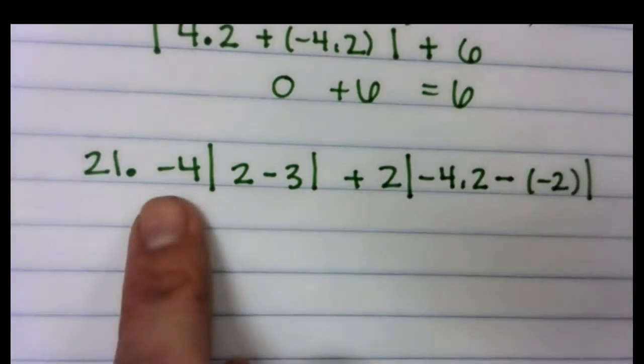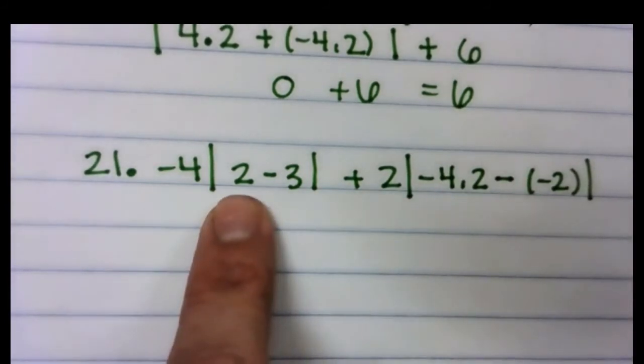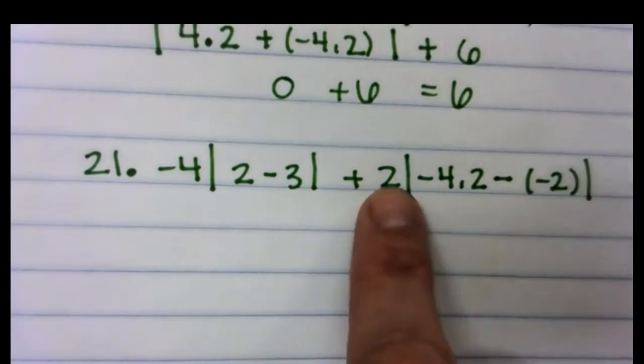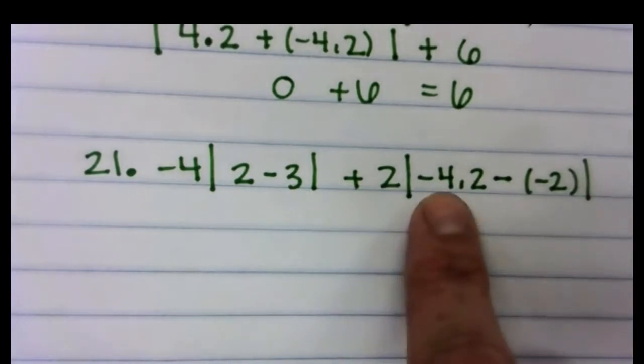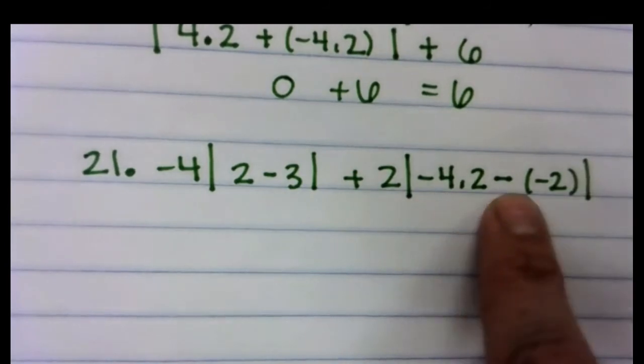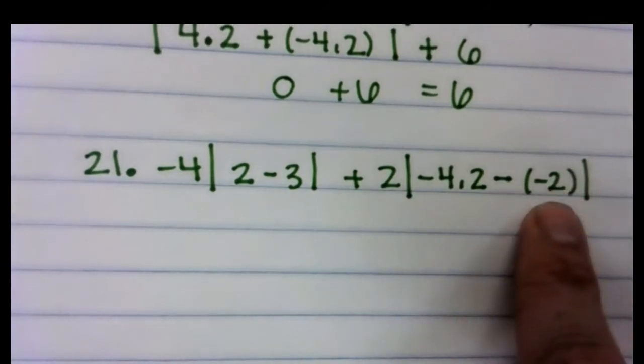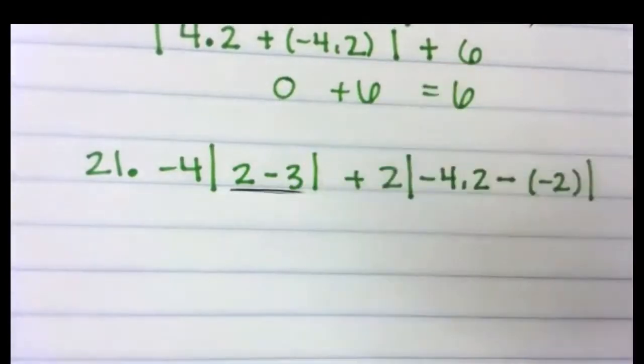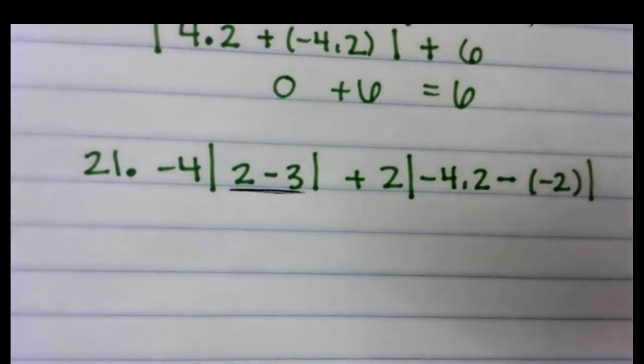You have negative 4. C is 2 minus 3, plus 2. Fill in Z minus A, which is negative 2. Remember, you work inside your absolute values first. So we're going to do 2 minus 3. What's 2 minus 3?